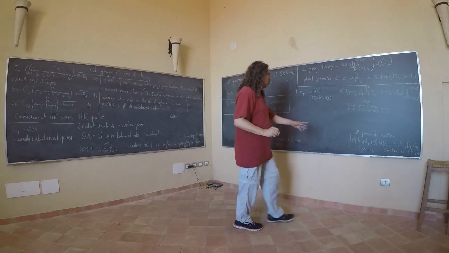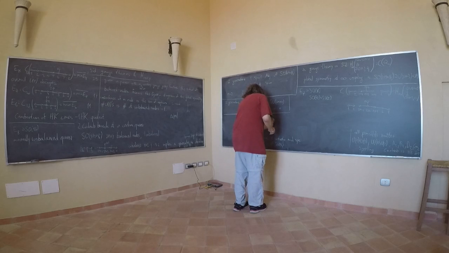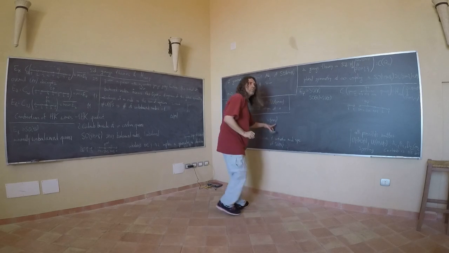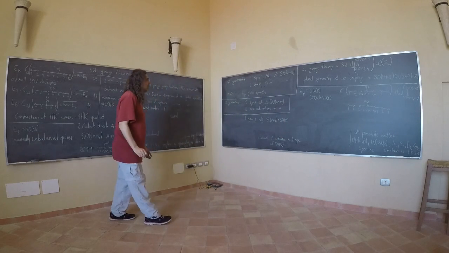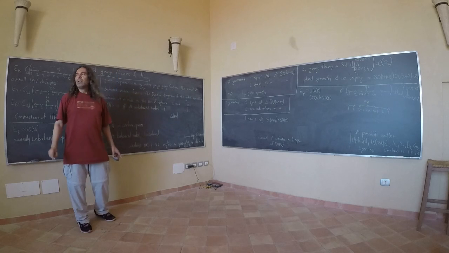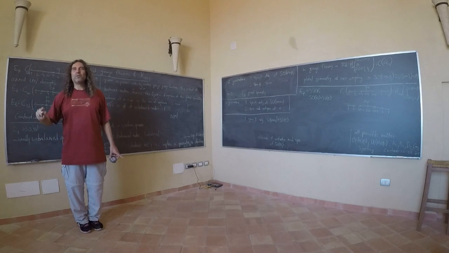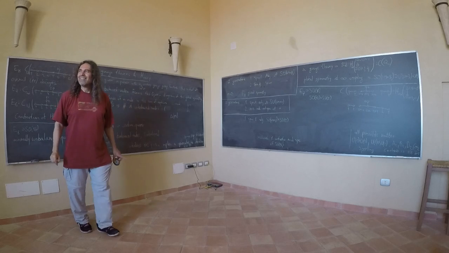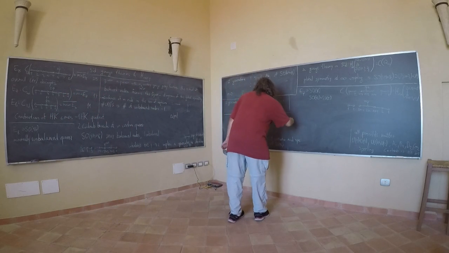So the number of nodes is 2n plus 2, so I need to multiply by 2. Right? So this is the enhanced global symmetry. Now our friends should tell us that this is the global symmetry that they find for a 5-dimensional theory.